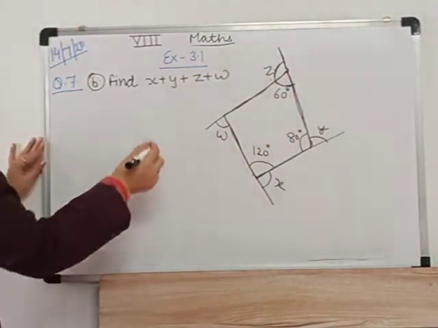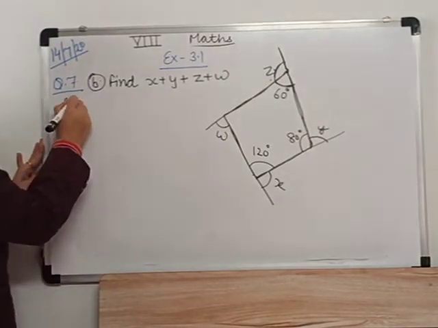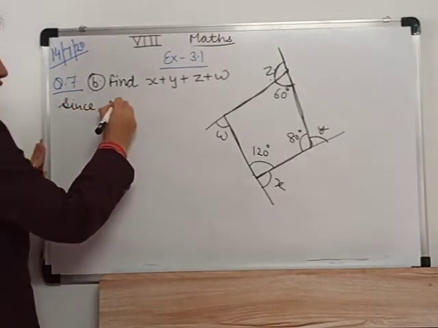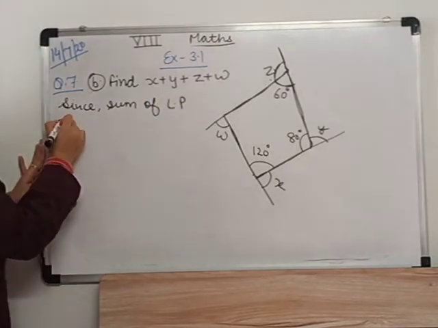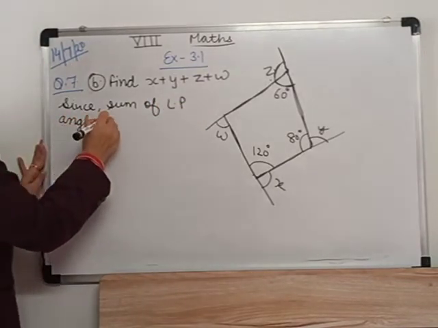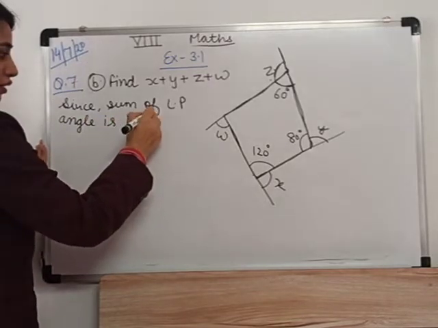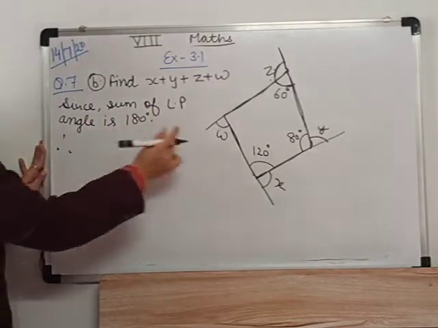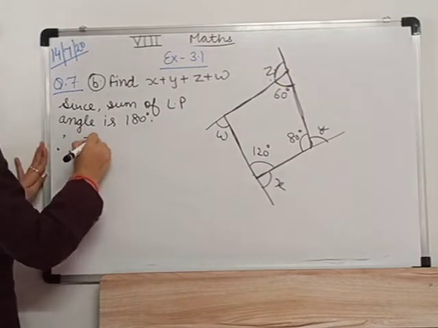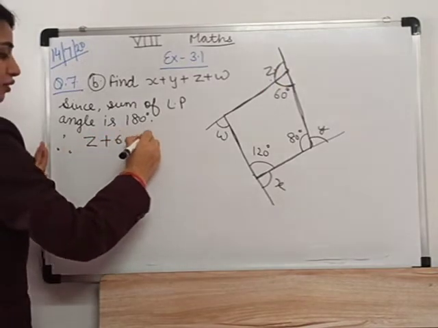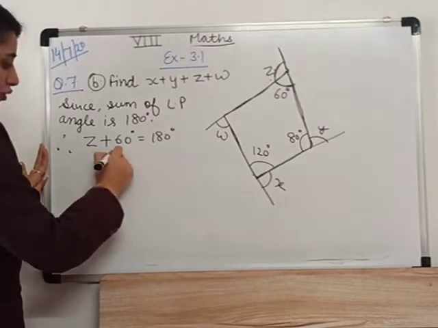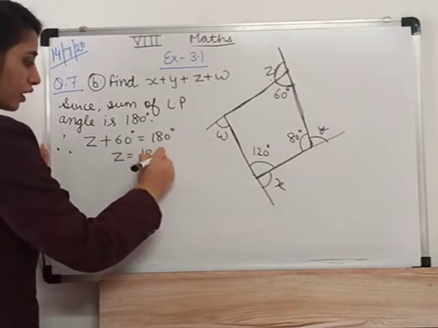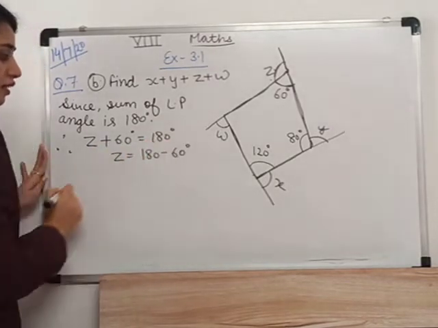Since we know that the sum of a linear pair of angles is 180, therefore angle z plus angle 60 is equal to 180 degrees. Now the value of z is equal to 180 minus 60.